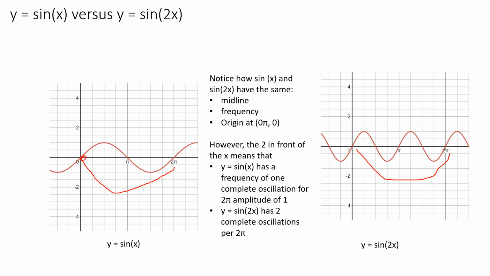It starts here, and it renews itself, starts all over at here. And there's only one complete oscillation here. So that'd be the same as sine of 1x, one oscillation per 2 pi. On this one, y equals sine 2x, there is 1, right here from 0 to pi, and then another one to 2 pi. So there's 2 oscillations per 2 pi. So this is y equals sine 2x.